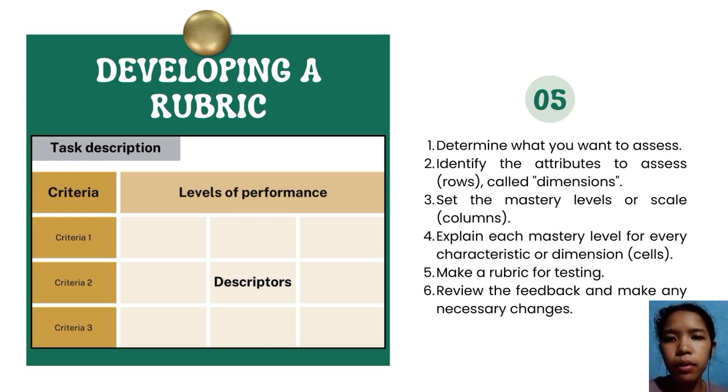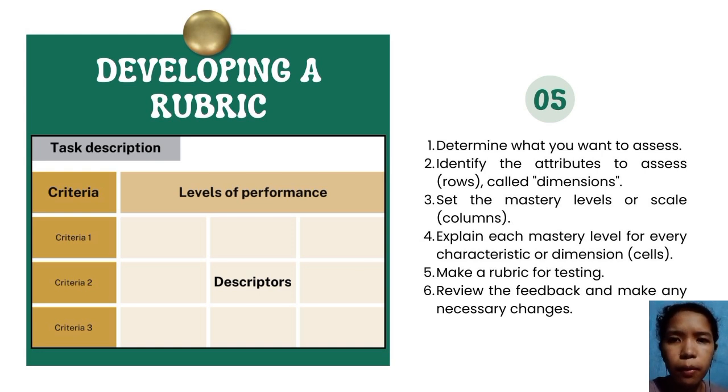Now, let's proceed to the discussion of rubric development. Well, how do we really develop a rubric? The Assessment and Curriculum Support Center suggests a step-by-step process. First, determine what you want to assess. It's like defining your learning target by prioritizing the skill, behavior, or output.